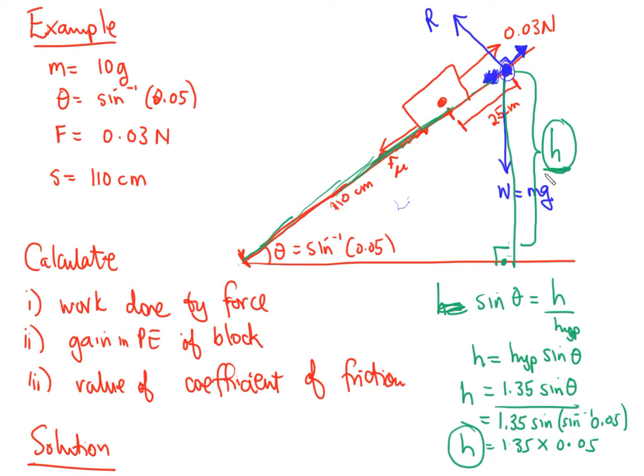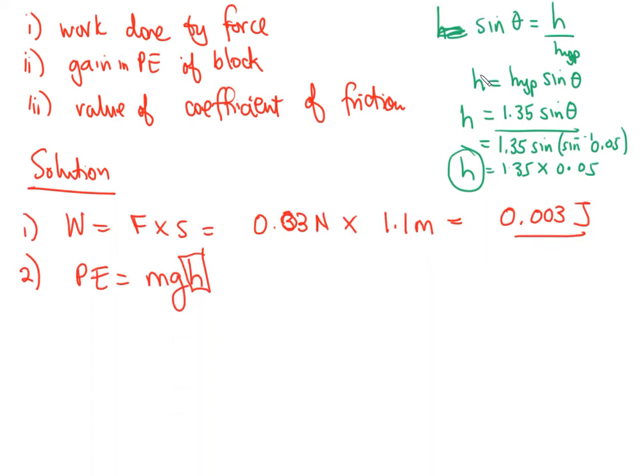I can't emphasize that enough. So many students make the mistake of saying the potential energy is going to be multiplied by 1.35 because it moved through 1.35. No, potential energy gained is always measured above the ground, or above a fixed point. So here we're going to use our h. I hope I've emphasized that enough.